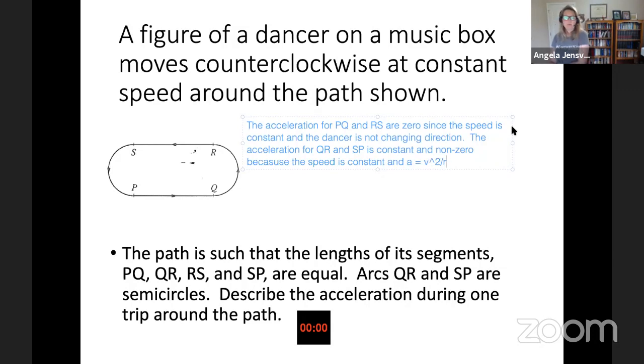We don't need superscripts. We can use a little caret, and then we've got a v squared. All right, I hope you guys like that one as much as I did.